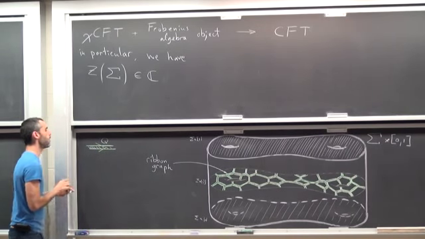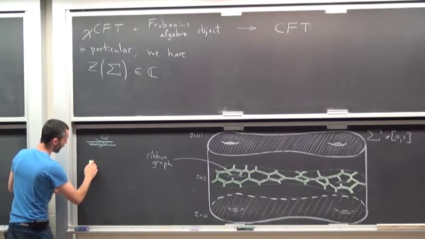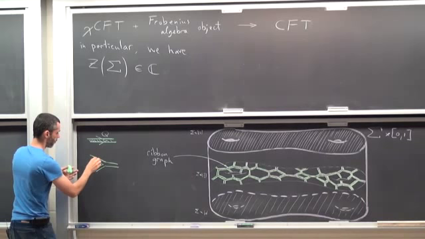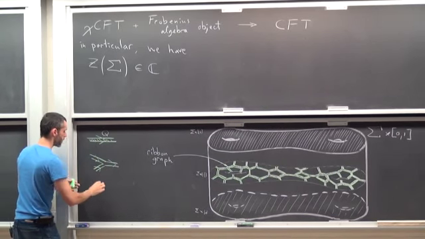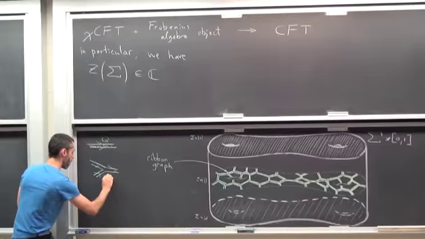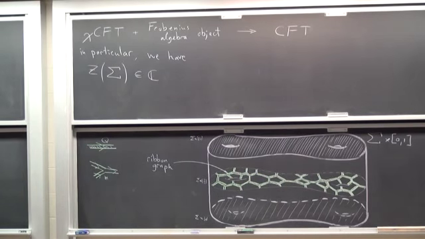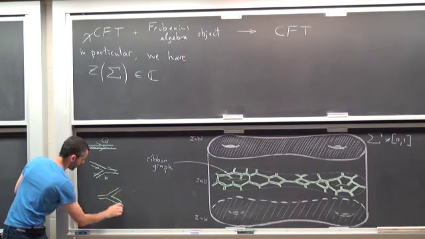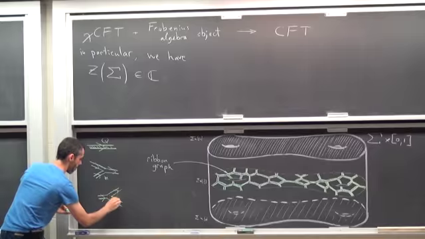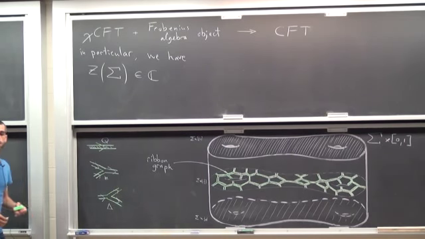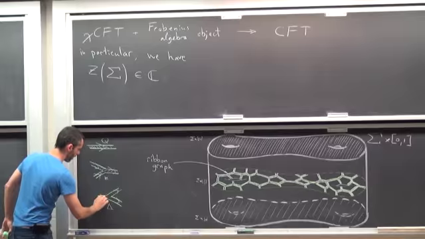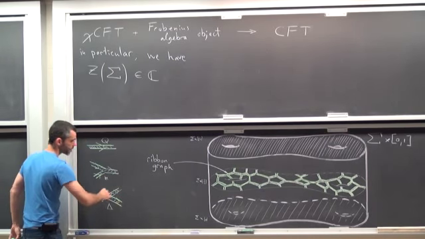And if I have a juncture like this, where it goes this way, then this is labeled by the multiplication morphism, which goes from Q tensor Q to Q. And if I have a thing which goes in the other direction, this is labeled by the co-multiplication, which goes from Q to Q tensor Q. This is what this picture means.